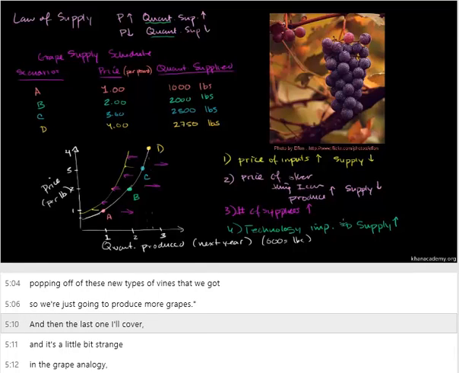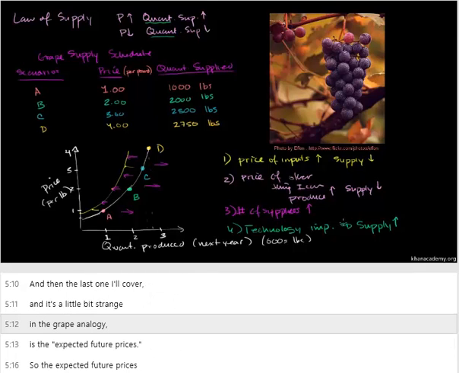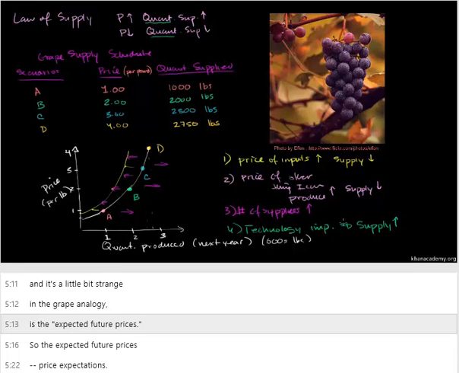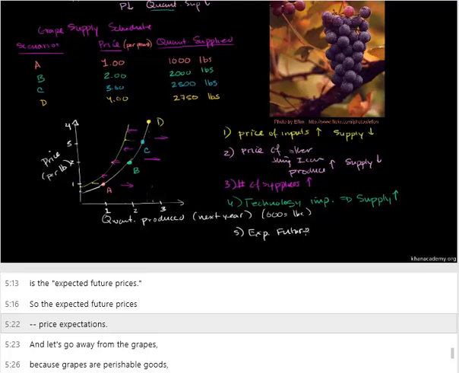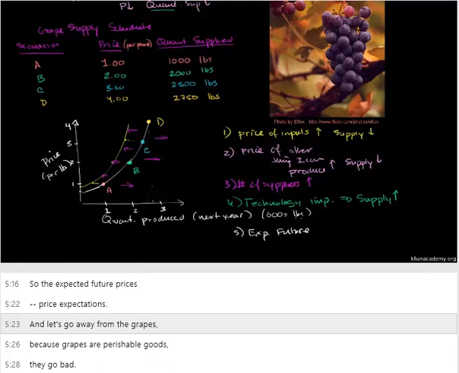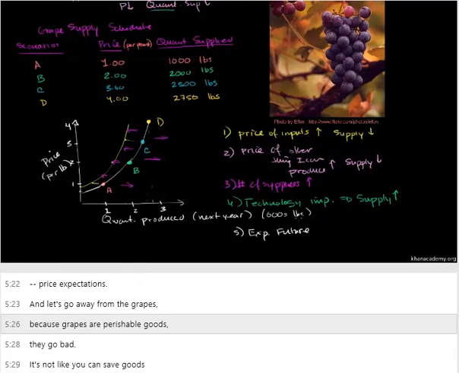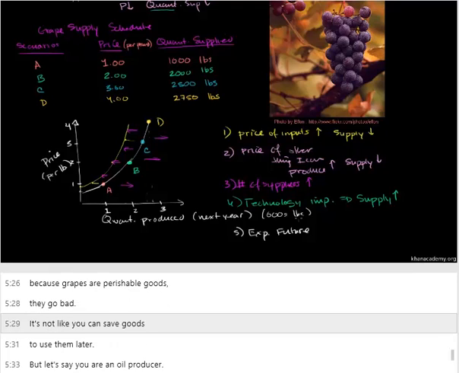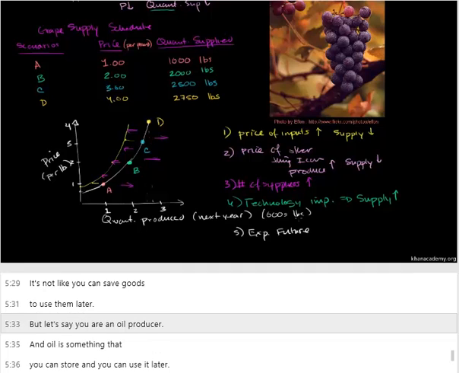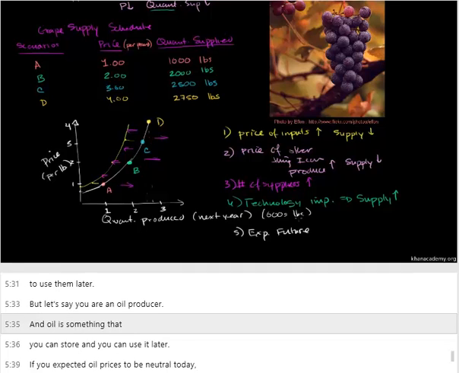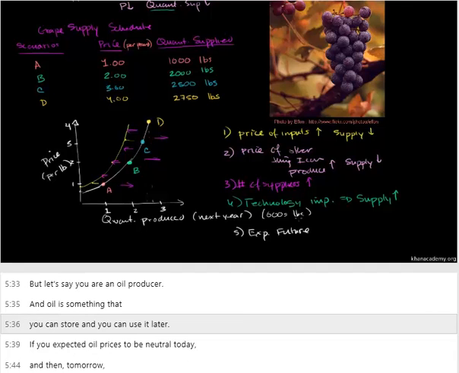And then the last one I'll cover, and it's a little bit strange in the grape analogy, is expected future prices, or price expectations. Let's go away from the grapes, because grapes are perishable goods. They go bad. It's not like you can save them to use later. But let's say you are an oil producer, and oil is something you can store and use later.